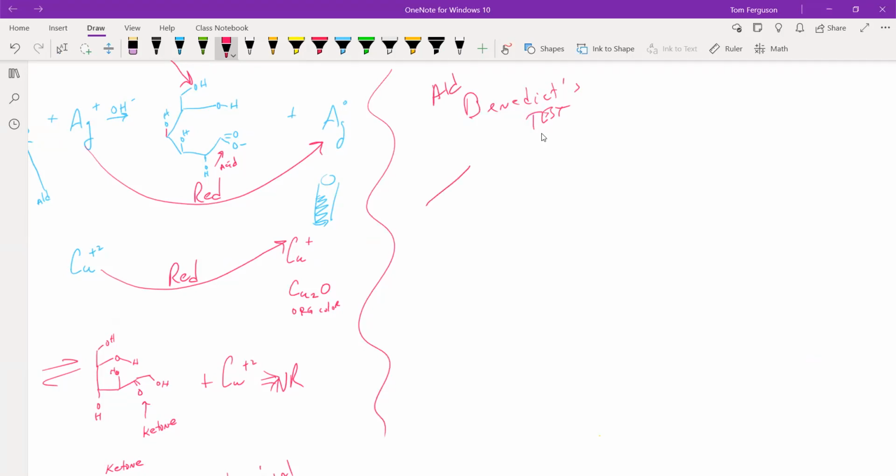Let's take a simple aldehyde. Aldehydes are susceptible to oxidation, and that means we end up forming the acid. And because it's an alkaline environment, you're going to end up with the salt of the acid.